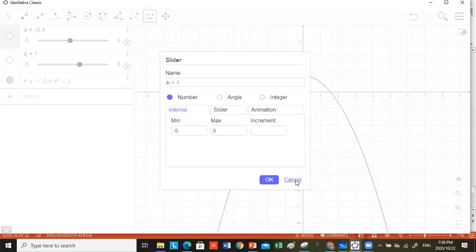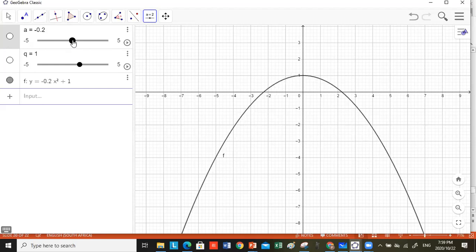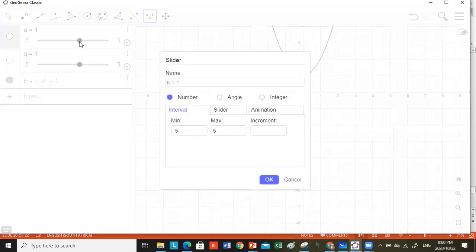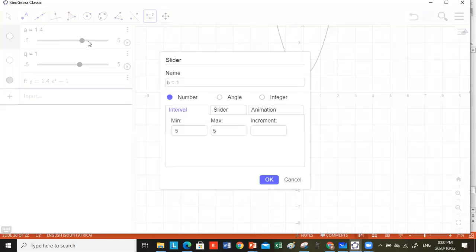If a is negative, my function is going to face downward. If a is positive, then my function is going to face upward. Then when I'm increasing my a, it closes down. Oh man, this thing is giving me a problem. It is becoming smaller and smaller.